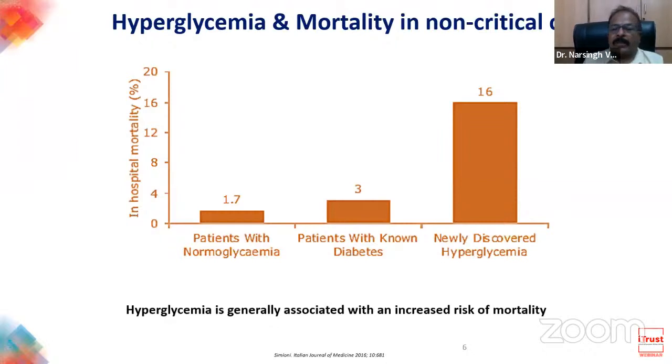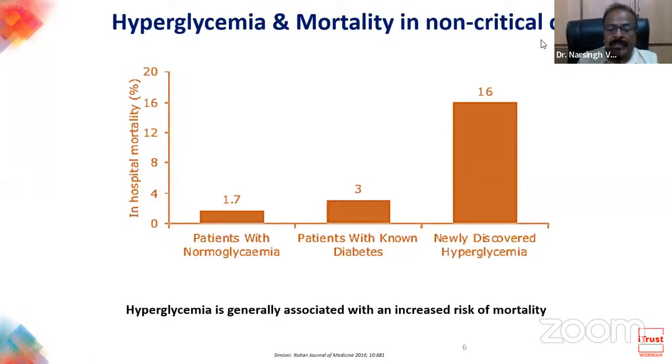Yes, sir. So thank you very much for giving this opportunity. And the topic is very exciting. Using insulin and managing the glycemia in the ICU setup or the inpatients who are admitted there. So hyperglycemia and mortality, if you look at non-critical care, you see the patient with normoglycemia and patient with known diabetes and newly discovered hyperglycemia, as shown here.